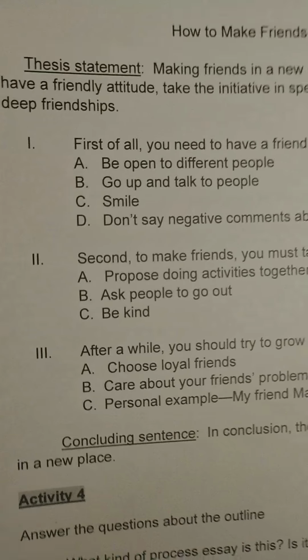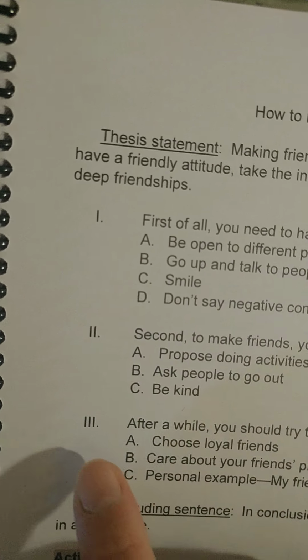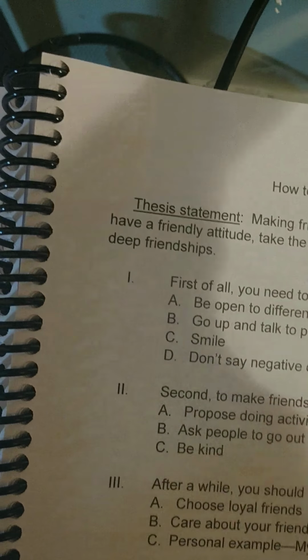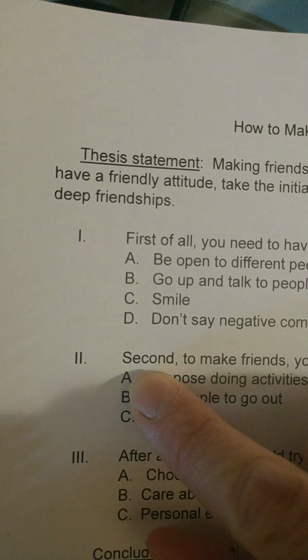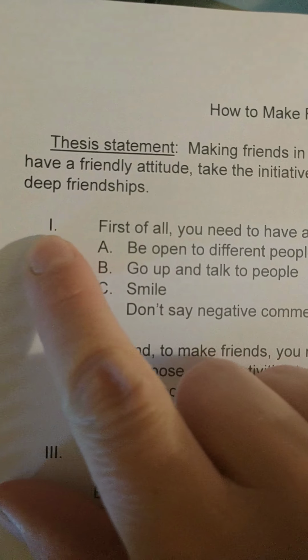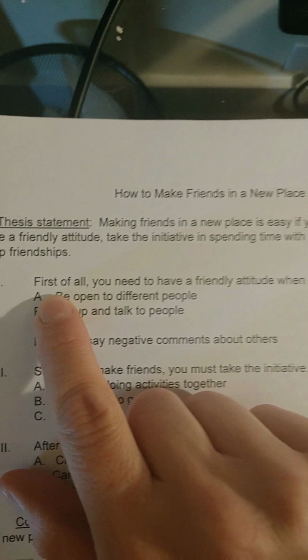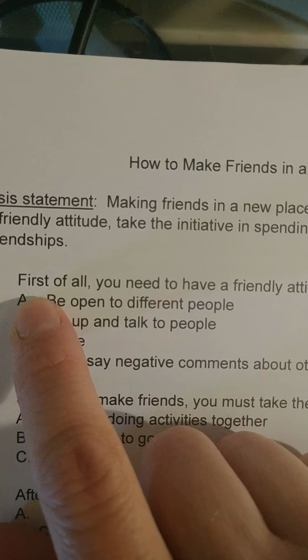All right, so here again we have the 3 main points, and as you can see under the Roman numerals here, now I don't care what kind of numbers you use or what kind of letters, just as long as it looks like this, okay? So number 1, what I have here is a full sentence, and this is my topic sentence.